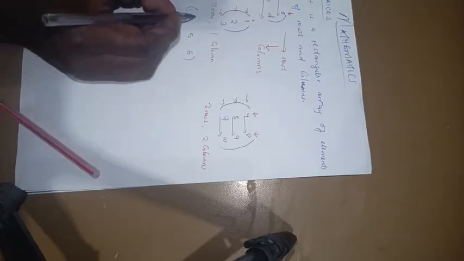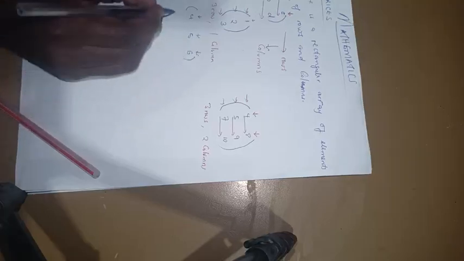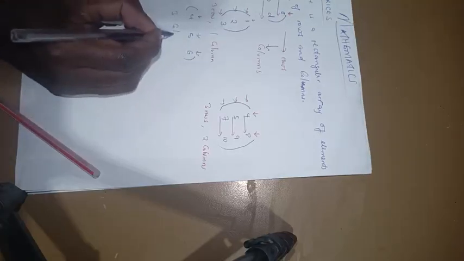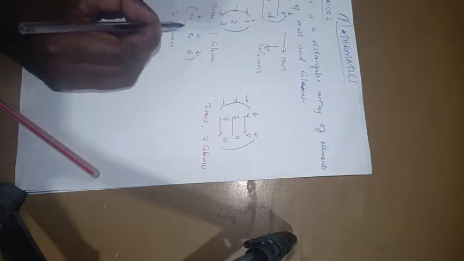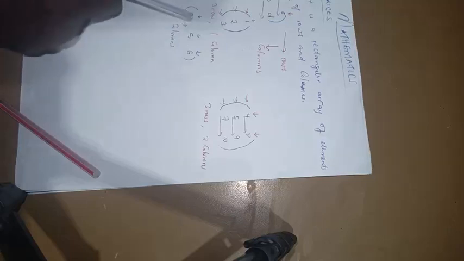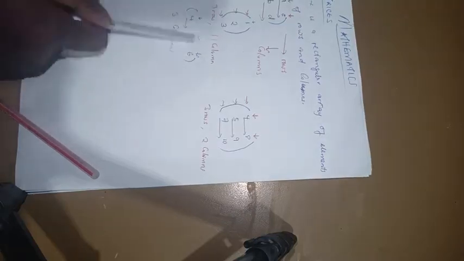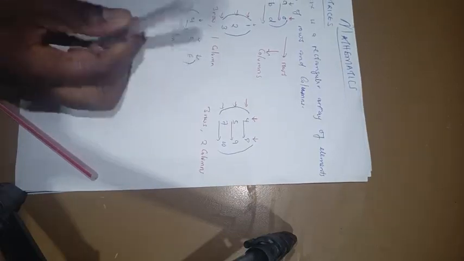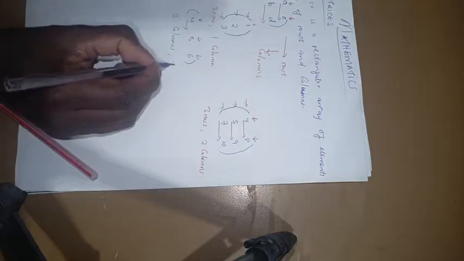So this is 1, 2, 3. This is 3 columns. Then going this way, we only have one number, so we only have one line going horizontally. So this is 1 row.